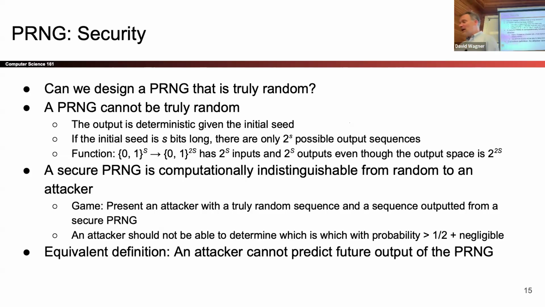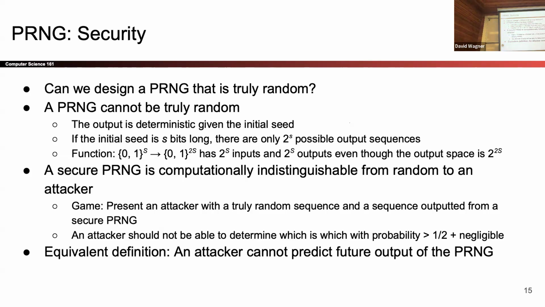It turns out that there's another mathematical definition that happens to be provably equivalent. The other mathematical definition is if we imagine an attacker who sees the first 7 million bits of output, and has to predict the next bit of output from the PRNG. Can they predict it?